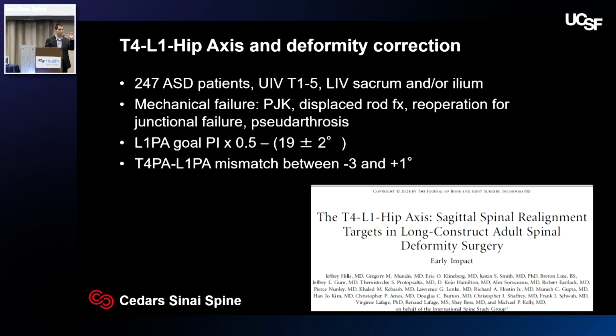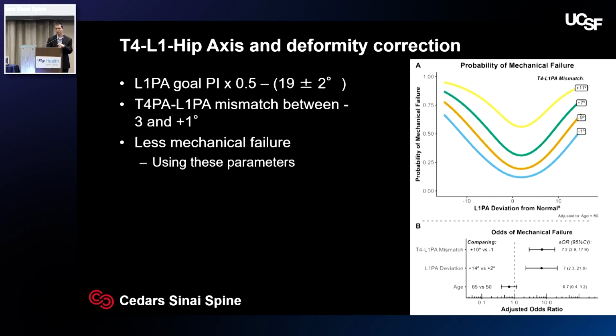So this isn't looking at an absolute value of thoracic kyphosis. This is just an angle relative to the pelvic incidence and the L1 pelvic angle, which is very different thinking than what's been going on since the 60s. We've already seen this figure, but it's an outstanding figure that really emphasizes this point: fewer mechanical failures if you can line this up.